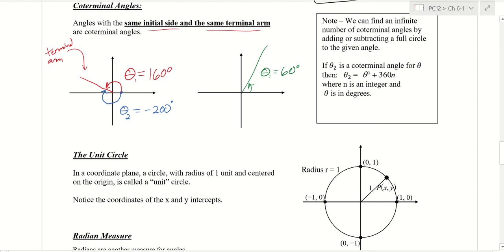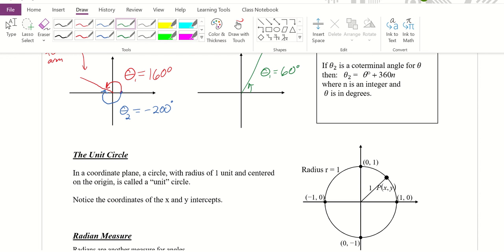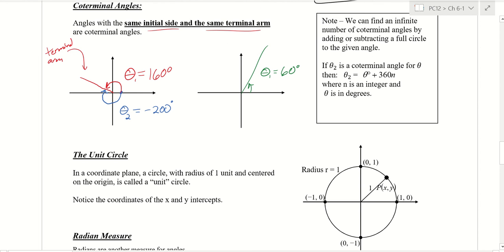Now, we obviously could perform the same trick that we did last time to get another coterminal angle, right? We could just go in the reverse direction. But let's show you another way that we can have a coterminal angle. Another way we can have a coterminal angle is if we start at the same initial arm and then go through the terminal arm and do one more full revolution until we hit it again.